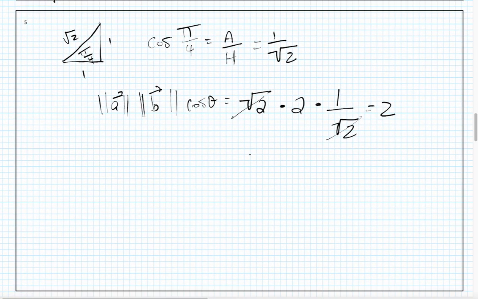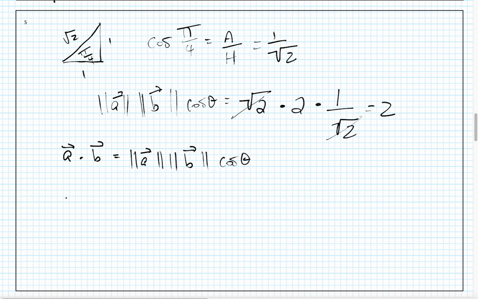Now, here's what's going to be important to us right here. Listen closely, and this is very easy. We come over here and we consider A dot B, and we say that that is equal to the magnitude of A times the magnitude of B times the cosine of theta.